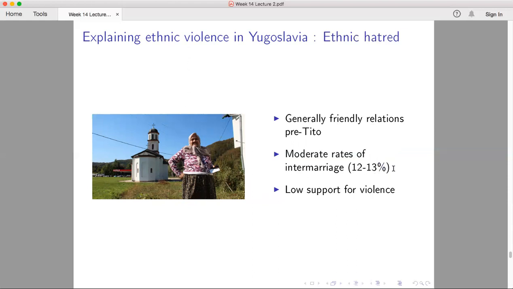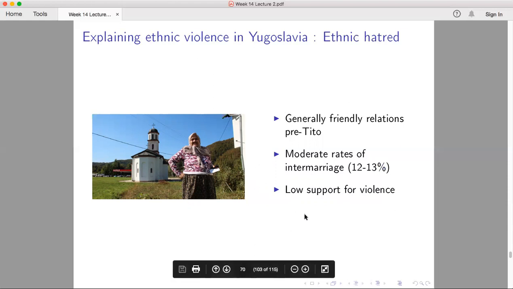As a point of comparison, the current intermarriage rate in the United States is about 15%. And in surveys given, and these are mentioned in the Oberschall piece, there wasn't really a lot of support for violence, nor did people actually think that Yugoslavia would break up. So even though there was some actual concrete evidence of different ethnicities and perhaps ethnic tensions between groups, I don't think we should overblow that, because for a long time, there was ethnic harmony between these two groups.